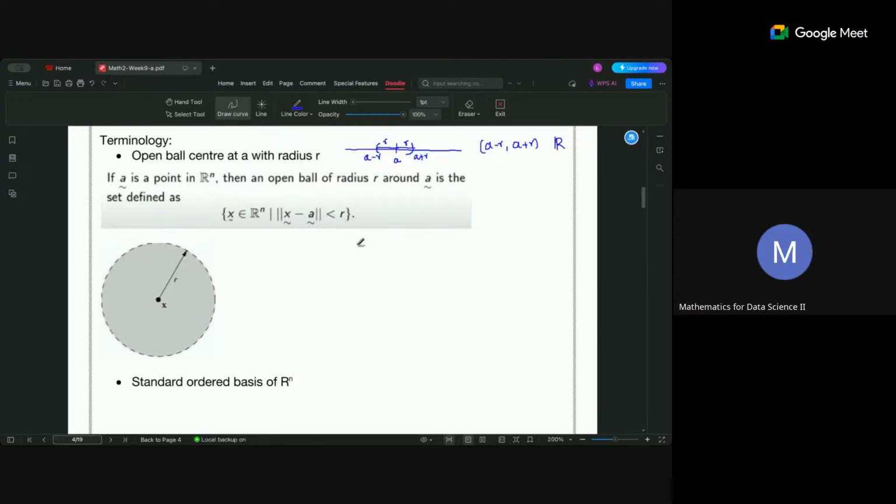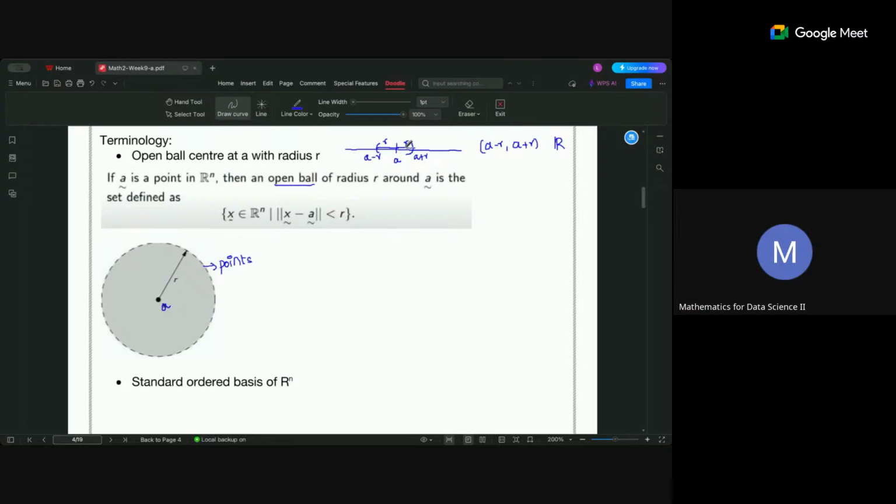Okay. Now let us look at the same in case of R2. Let us say you have some point a and you are considering radius r. So you have a ball here and you are considering the open ball. Open ball means what? Points on the boundary are not included.